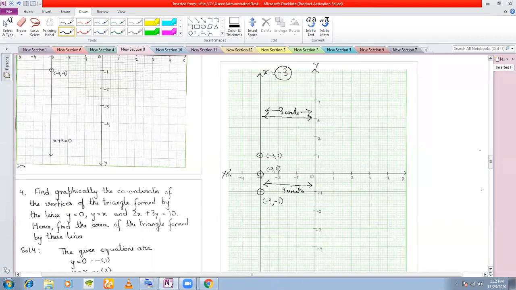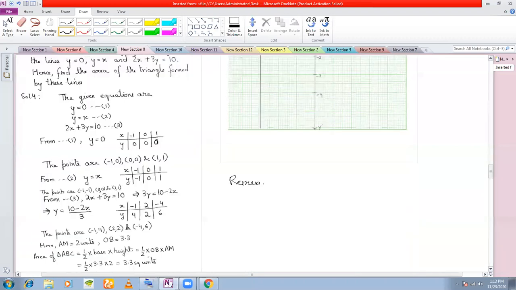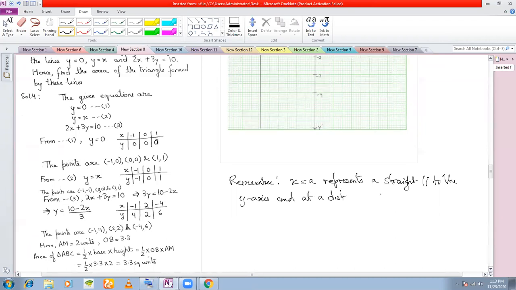So please remember, x is equal to a represents a straight line parallel to the y-axis and at a distance of a units from the y-axis.